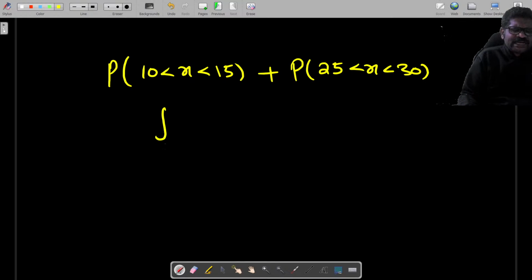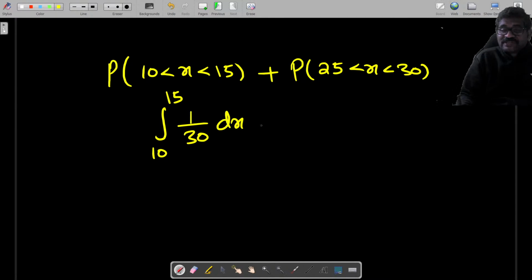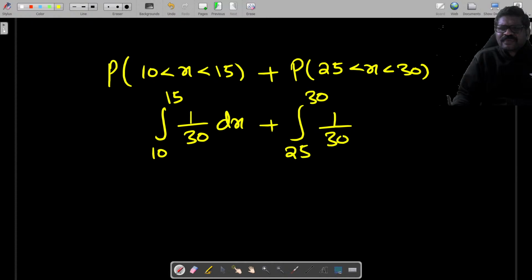Now, integral 10 to 15 of 1 by 30 dx, plus integral 25 to 30 of 1 by 30 dx.